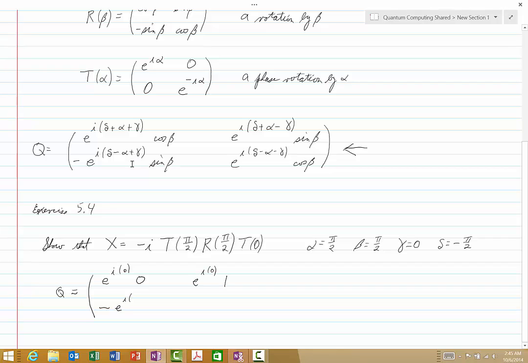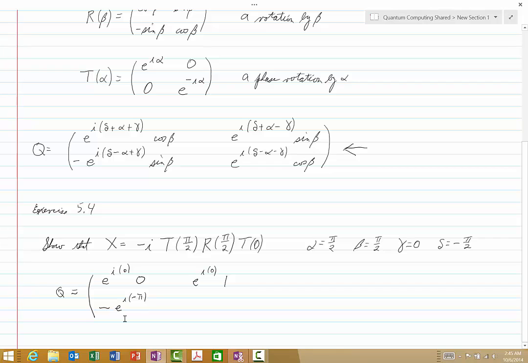So we have minus e to the minus i pi. e to the i pi is negative 1, and so is e to the minus i pi. That's negative 1. And the negative of negative 1, of course, would be positive 1.